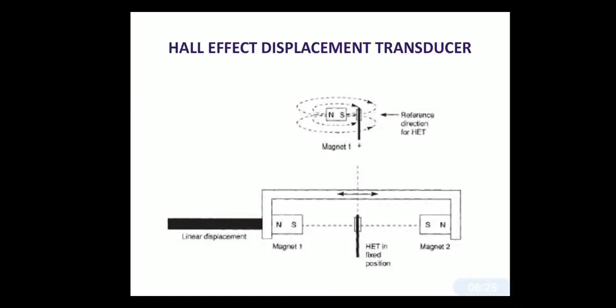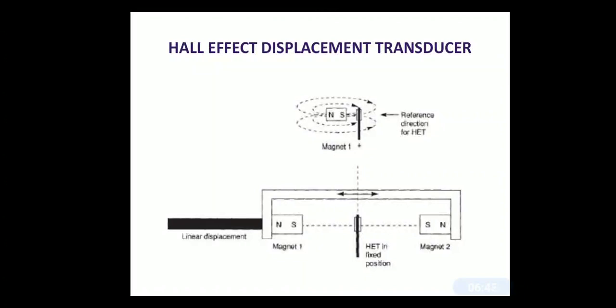The HET is fixed, but there are two magnets, magnet 1 and magnet 2, connected to an arm which is capable of movement. So magnet 1 and magnet 2 are capable of moving with reference to the HET.